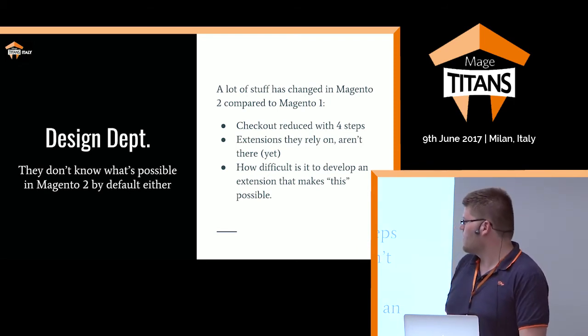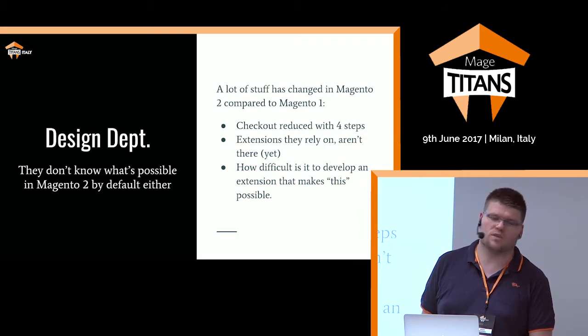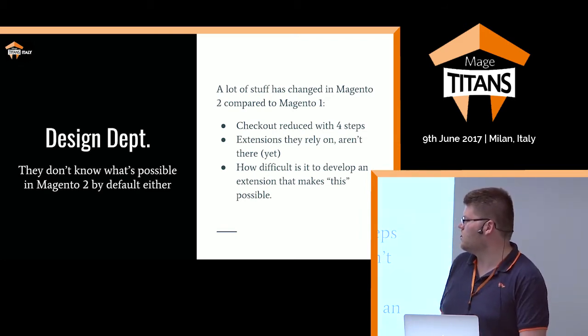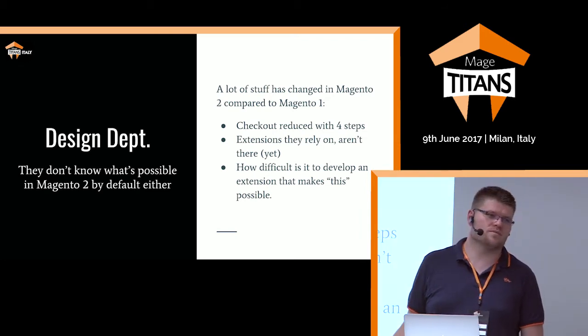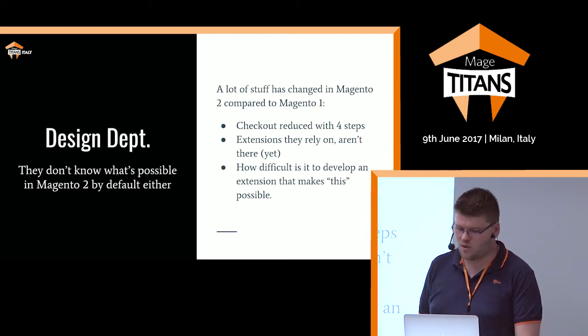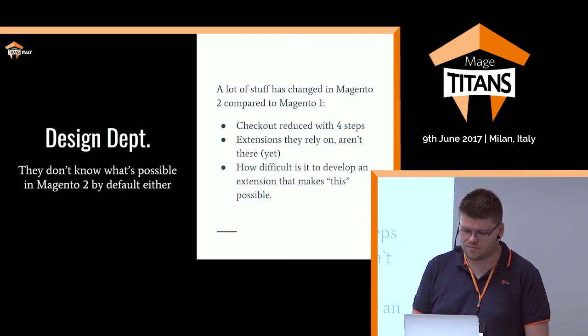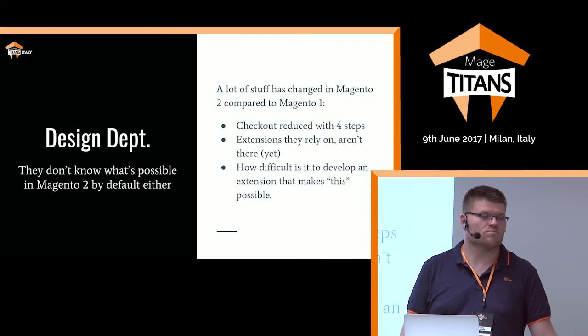So that was a lot of discussion between design, front-end development, and also a little bit with back-end development. That was the first real struggle in moving from Magento 1 to Magento 2. We managed to get it done, actually. So that's pretty nice.